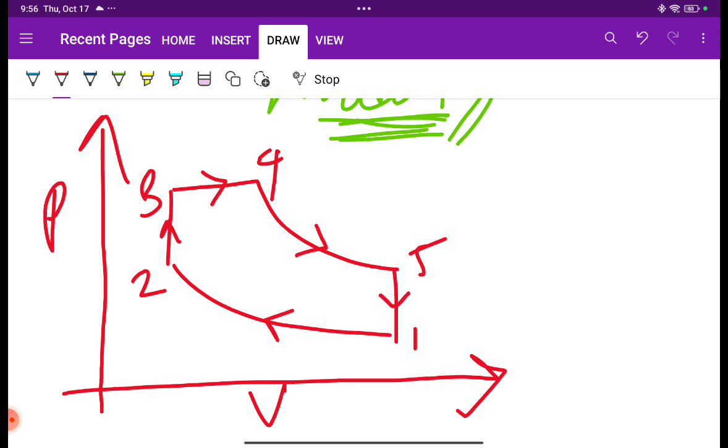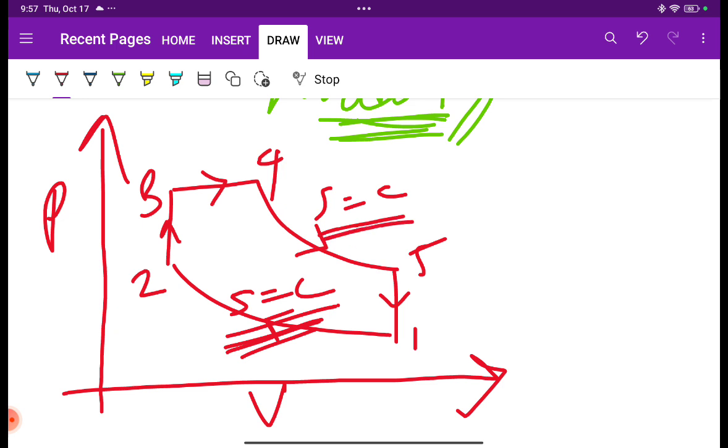If you look carefully, in this cycle, again from process 1 to 2, adiabatic or isentropic compression takes place, and adiabatic expansion takes place in process 4 to 5.